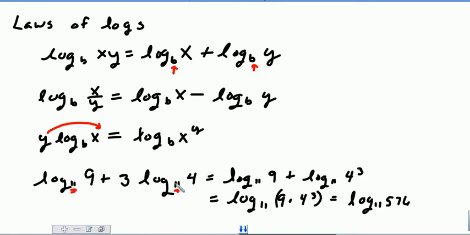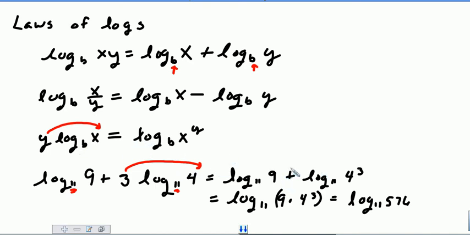So if I want to simplify this, first thing I'm going to do is look for some numeric coefficient that I can turn into an exponent, and I have one of those. I'm going to take this 3 and make this 4 cubed. So now I have log base 11 of 9 plus log base 11 of 4 cubed because I've used this last law of logs.